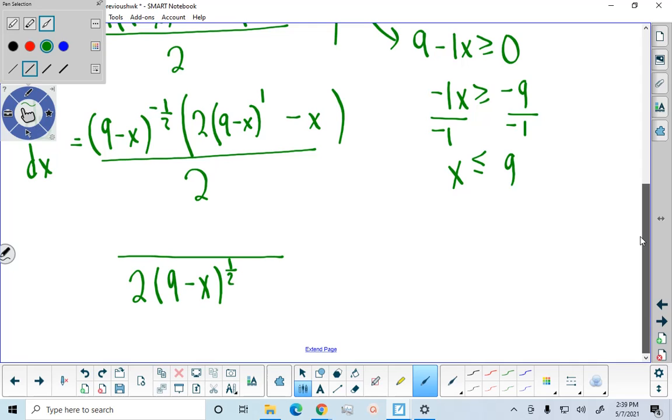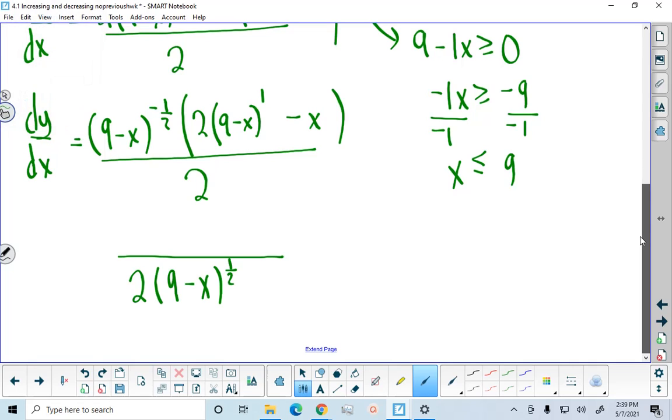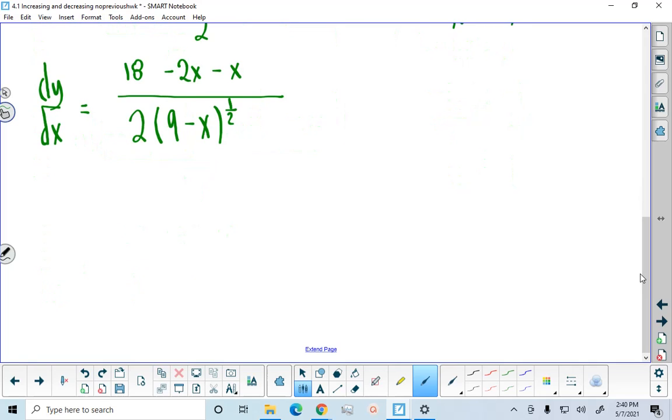And then we have to simplify what's inside, which would be 2 times 9, which is 18, minus 2 times x, which is 2x, minus x. Which simplifies to 18 minus 3x, which, well, I don't want to do too much at once.